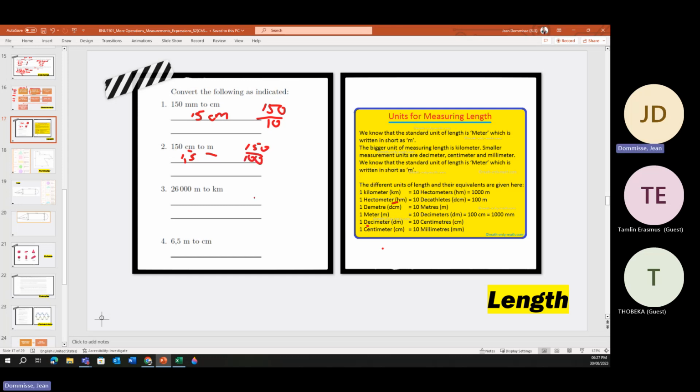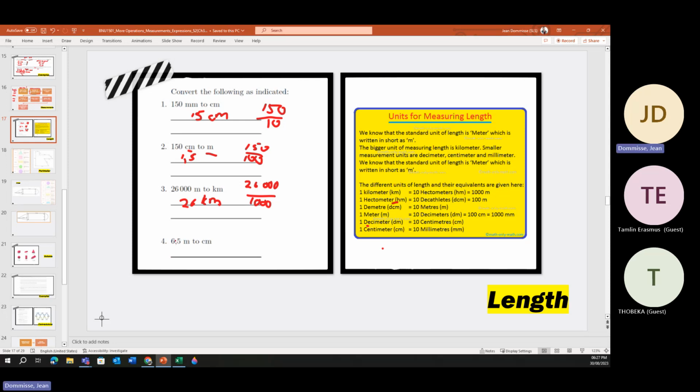Now going from meters to kilometers, we divide by 1,000. So 26,000 meters is equal to 26 kilometers.